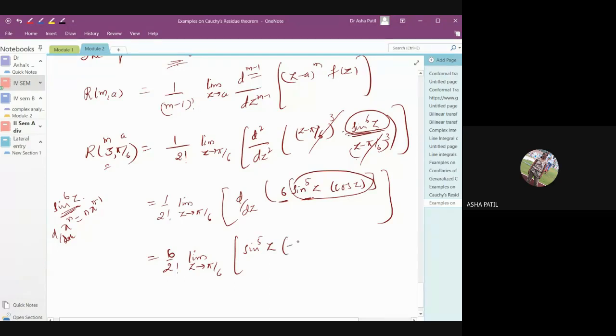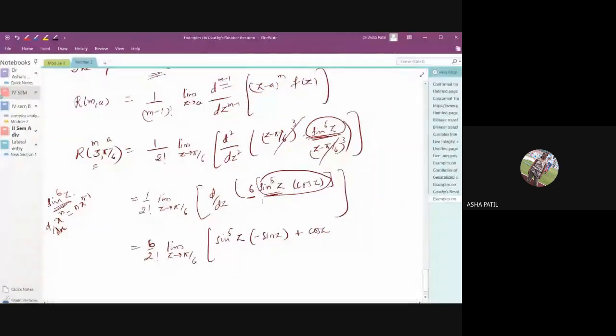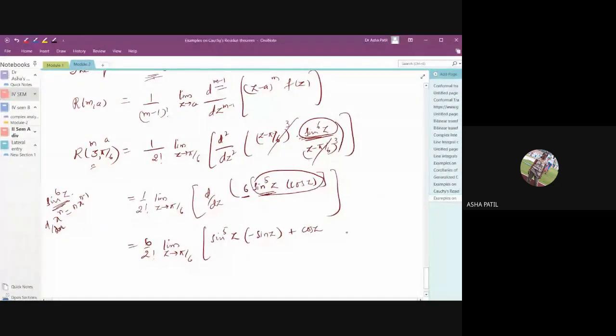The derivative of cos z is minus sin z, plus cos z will keep as it is. What's the derivative of sin^5 z? 5 into sin^4 z into the derivative of sin z, which is cos z.